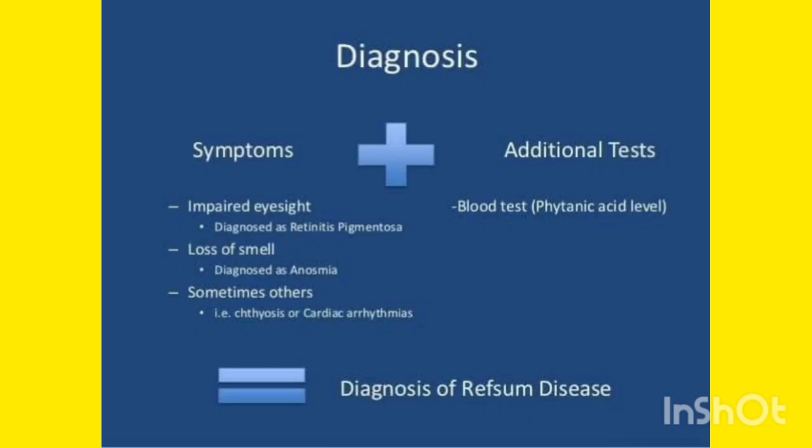These people have anosmia, loss of smell, along with deafness. If you do the blood test, you will find that the phytanic acid level is increased in this patient. So you will understand these people have Refsum disease.